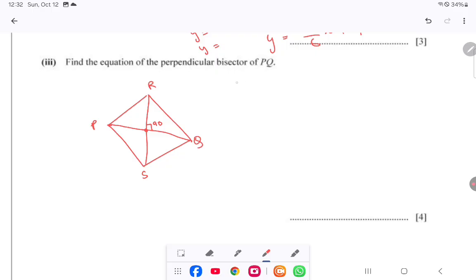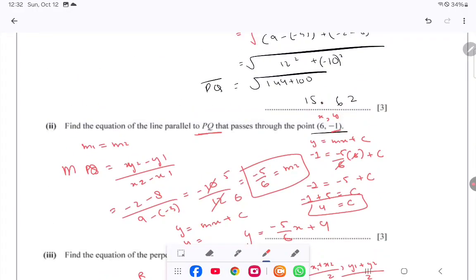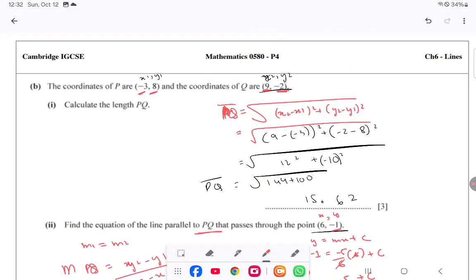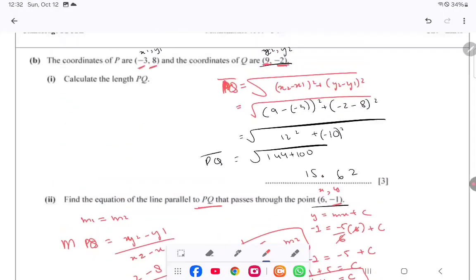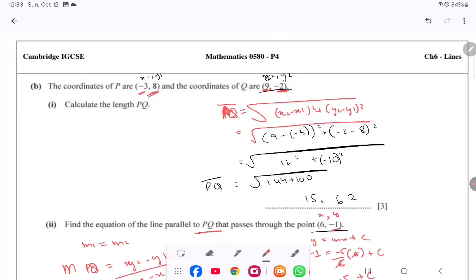To calculate the midpoint x comma y of PQ, x1 plus x2 over 2, y1 plus y2 over 2. X1 is negative of 3, x2 is 9. Negative of 3 plus 9 over 2. Y1 is positive of 8, y2 is negative of 2.